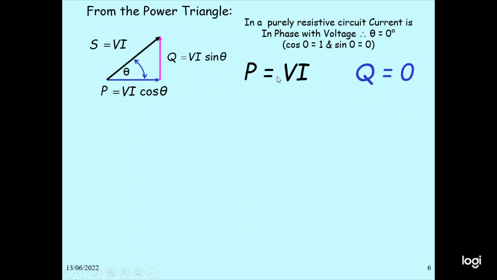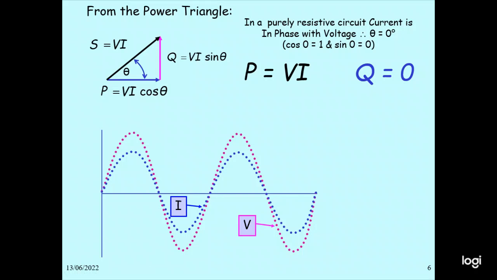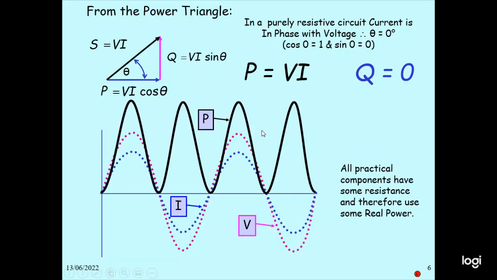P equal to VI in this case, and Q equal to 0 for the pure resistive circuit. So in this case, the voltage and current are in phase. Voltage is purple, you can see current here, they are in phase. This is for the pure resistance circuit. Power will be there, the black one, and the power is always positive.